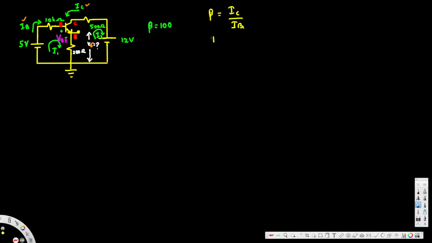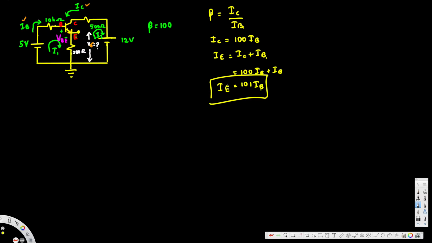Therefore IC is equal to 100 IB, and to calculate I emitter the equation is IE is equal to IC plus IB, which is 100 IB plus IB, and that's going to give us 101 IB. Okay, this is I emitter. Now we have found the relationship between IE and IB.